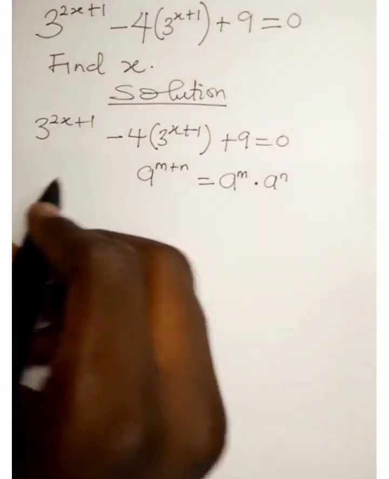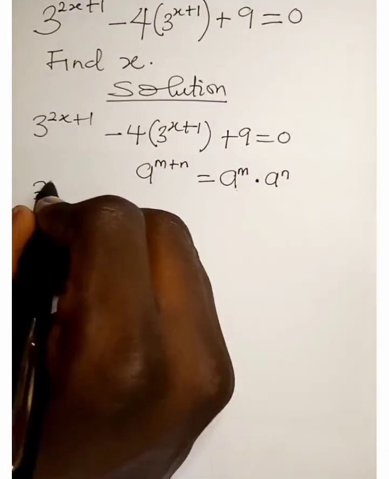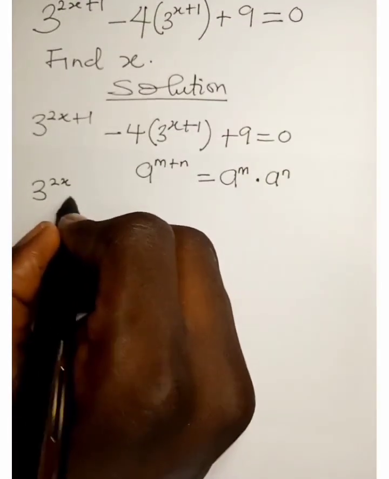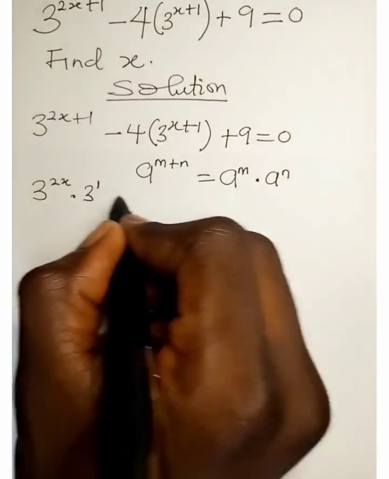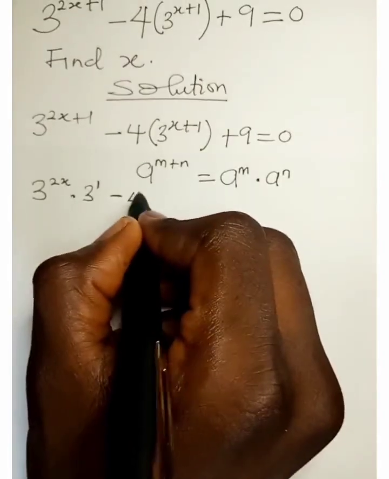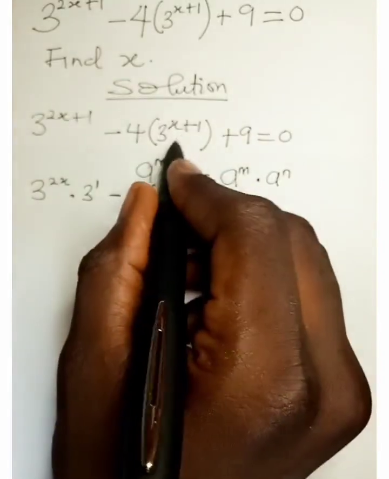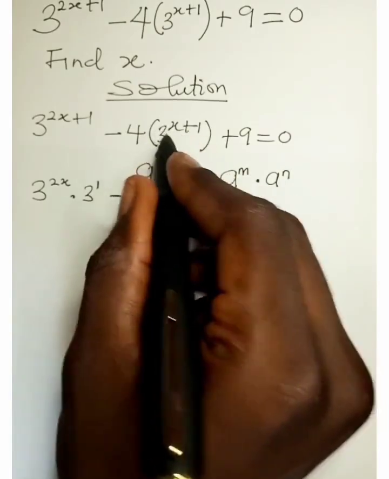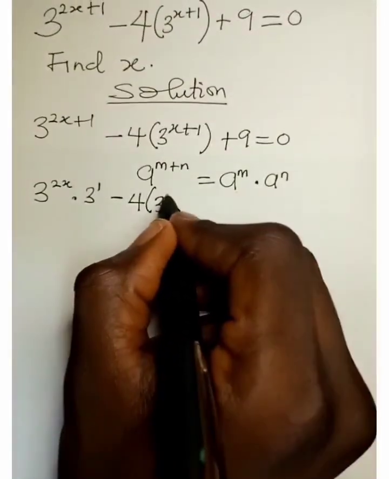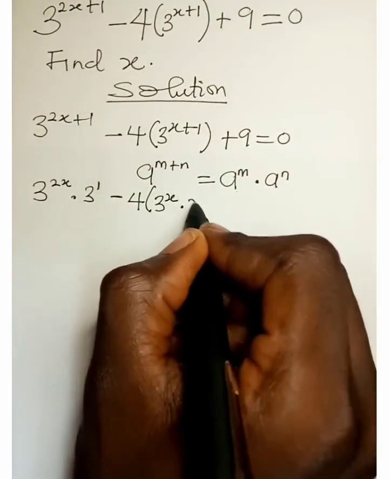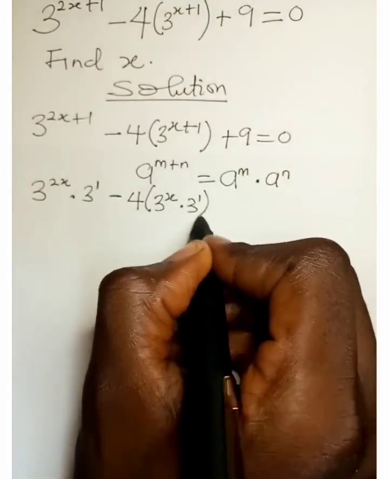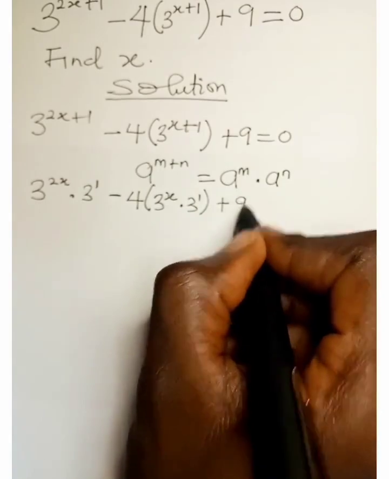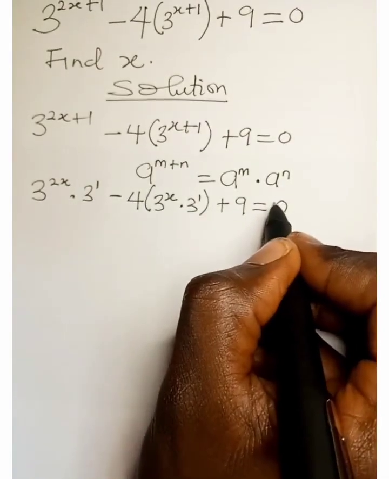We are going to have 3 raised to power 2x times 3 raised to power 1, minus 4 into, the same thing is also applicable to this, we re-express to be 3 raised to power x times 3 raised to power 1. Then we close the bracket plus 9 equal to 0.